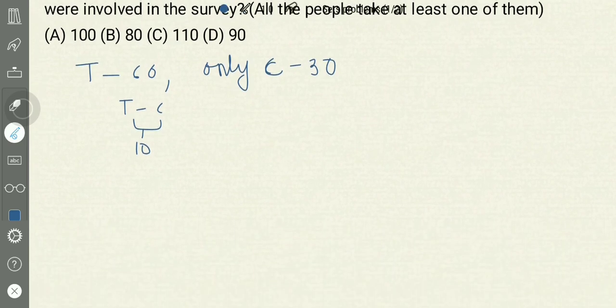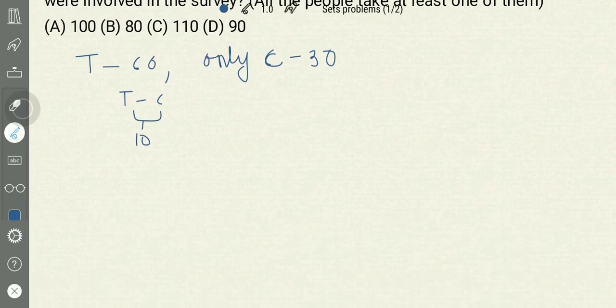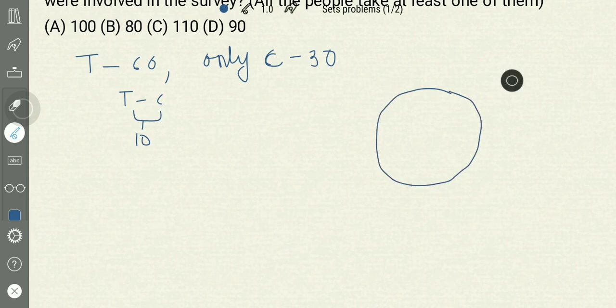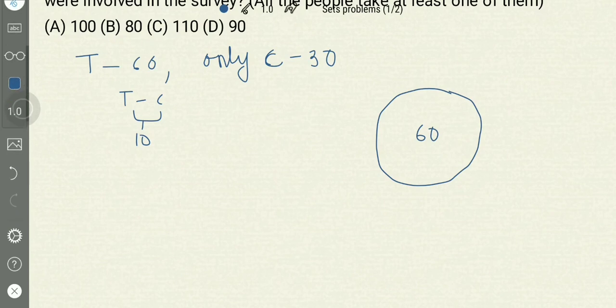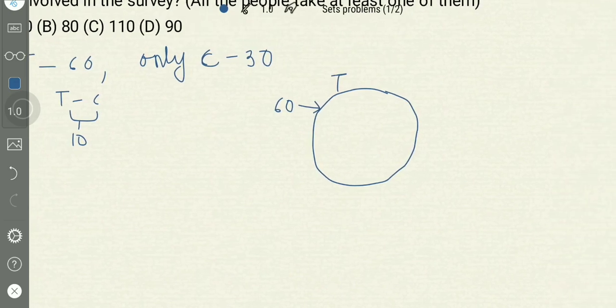If we draw the Venn diagram, 60 people take tea, total 60, sorry, let me write it outside this box. 60 people take tea, 30 people take only coffee. What does it mean?